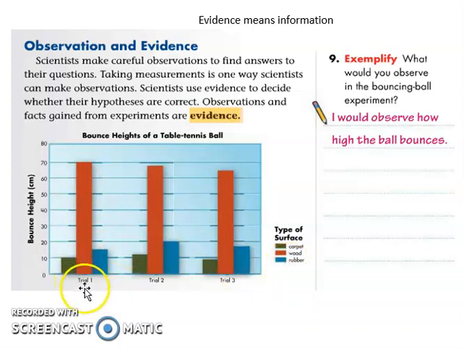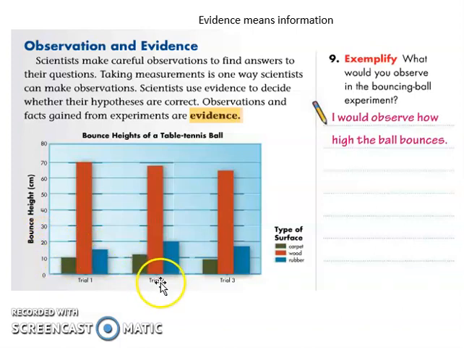In trial number 1, the ball bounces on carpet at 10 centimeters, while on the wood it bounces 70 centimeters, while on the rubber it bounces around 15. It's in the middle of 20 and 10, so maybe it's 15.